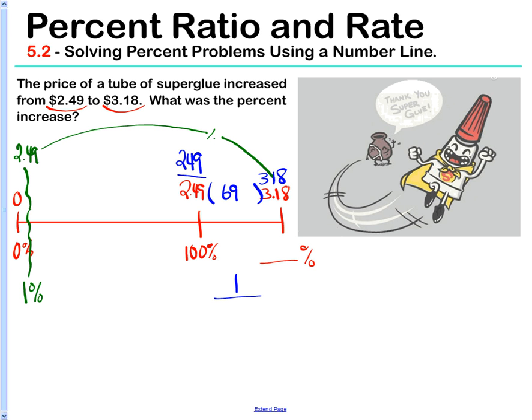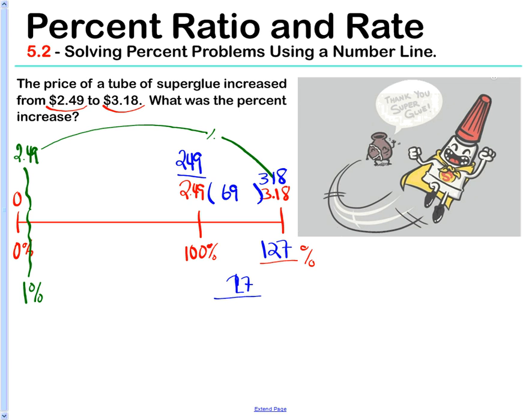So if we take 69 and divide that by 2.49, that equals 27.7%, or 28%. We would identify that it can go in 27 times. So 27% of 100% should be 69, and that'll give us our increase. So our increase now is 127.